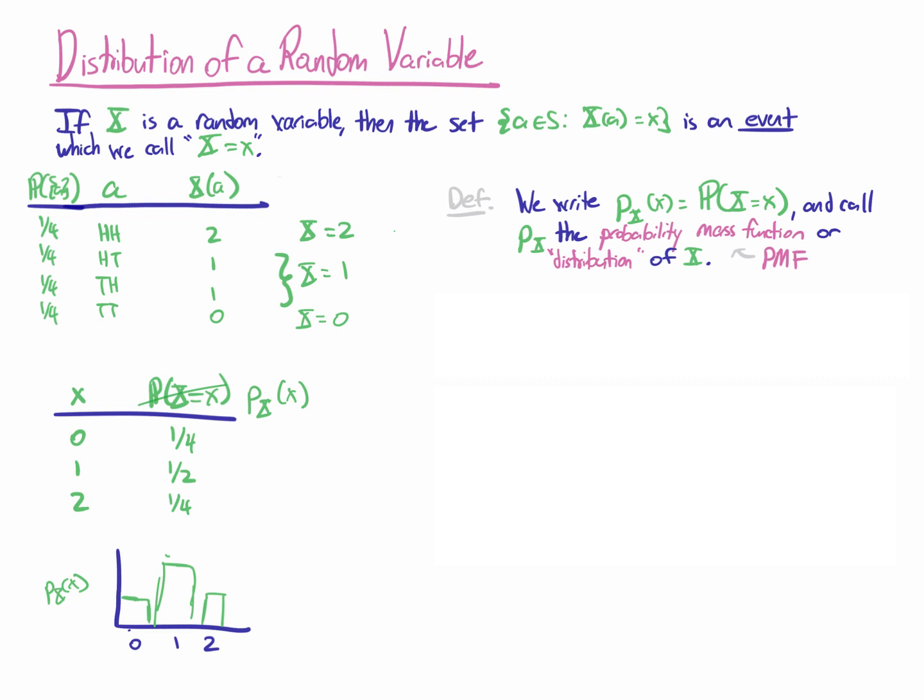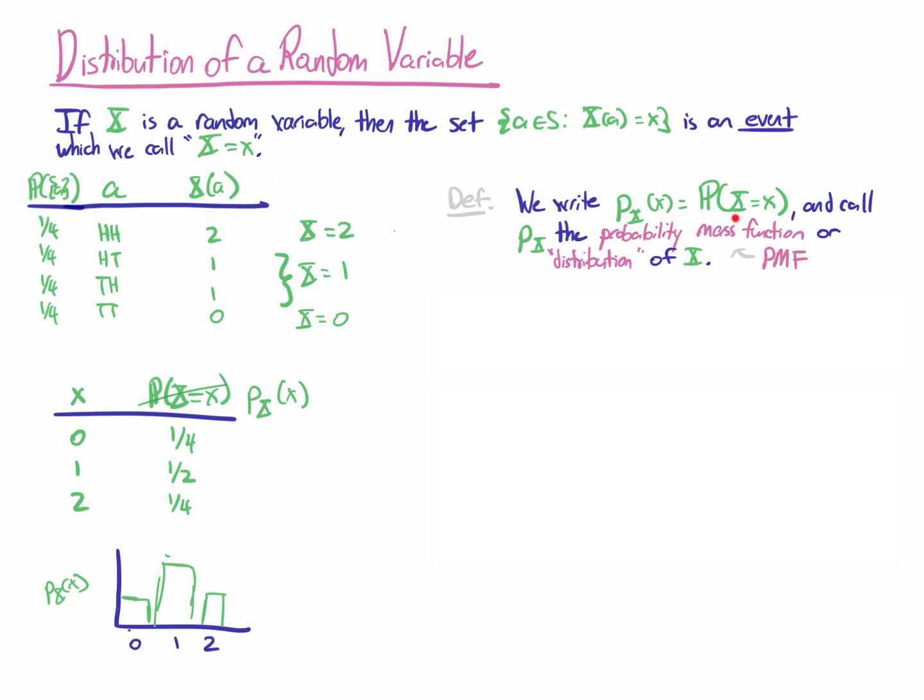So this function that assigns to each possible value little x the probability that big X has that value is called the probability mass function, or sometimes colloquially it's called the distribution of the random variable x. We can also call it the PMF, short for probability mass function.